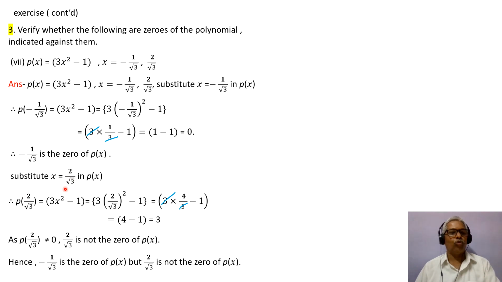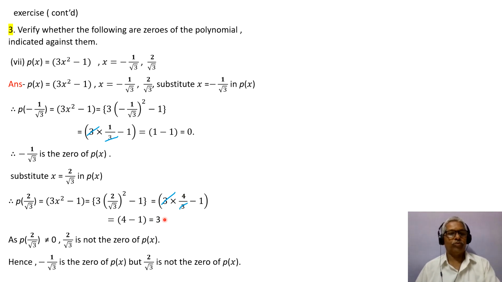Substitute x equal to 2 upon root 3 in p(x). Same thing. Okay, p of 2 upon root 3, I'm writing it here again, and again a big bracket. Here 3 into 2 upon root 3, the whole square, minus 1. So if you solve this, you get 4 here and 3 here. 3 cancels. Okay, you are left with 4 minus 1, which is 3.